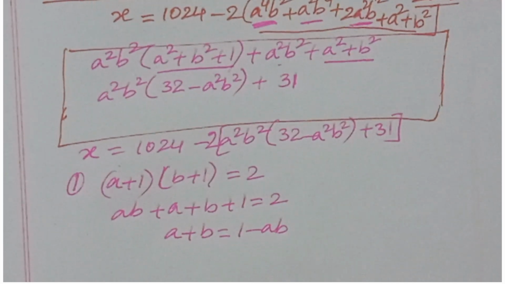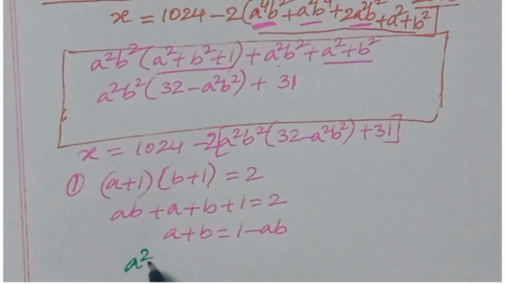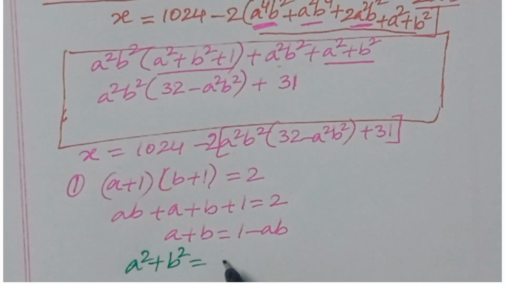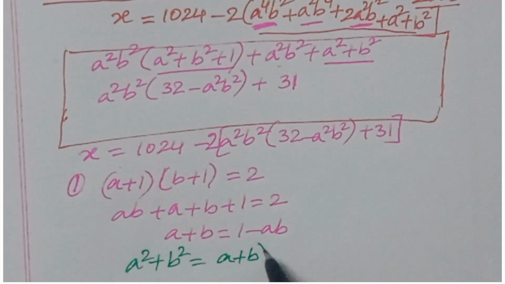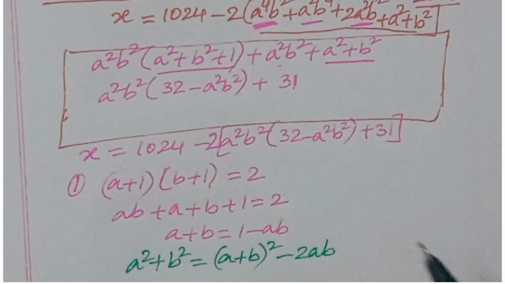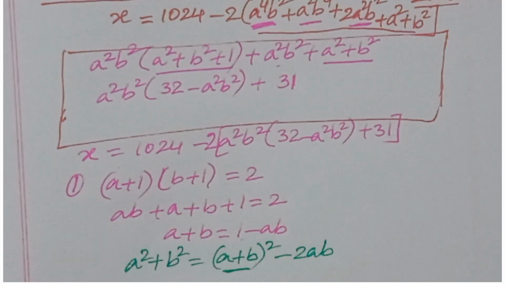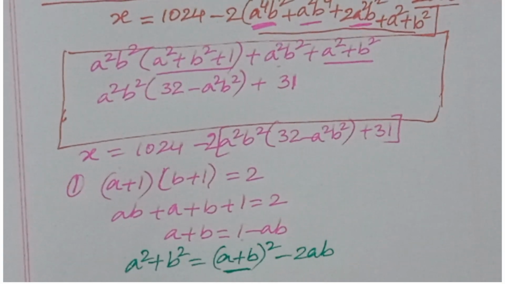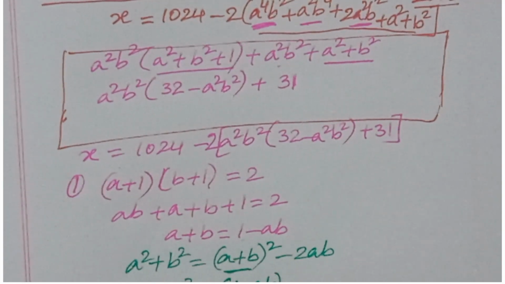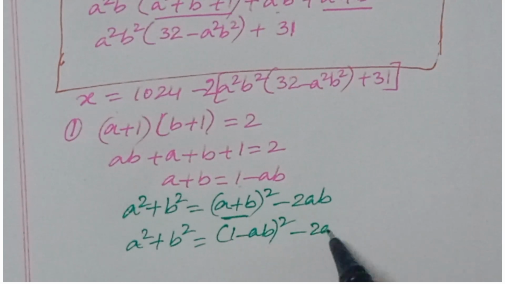Now we know the identity a square plus b square is equal to a plus b whole square minus 2ab. Now in the place of a plus b, write the value: a square plus b square is equal to 1 minus ab whole square minus 2ab.